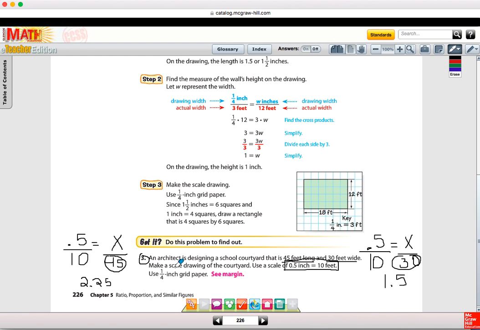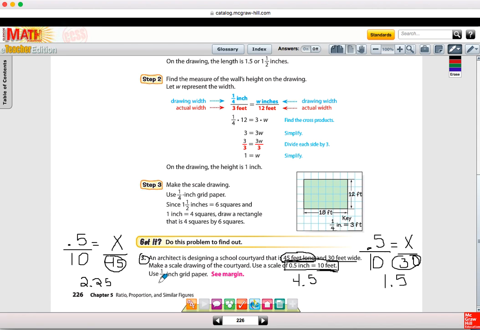Okay, now it says to use 1/2 inch for 10 feet. So did I really need to use a proportion in the first place? Not necessarily, because it's giving me 45 feet, and if 10 feet is 1/2 of an inch, what I could do is just divide by 10 and get that the length would be 4.5 inches on the grid paper.